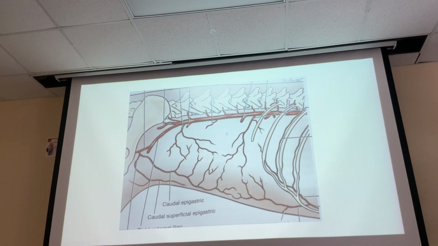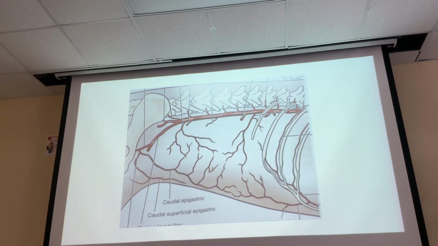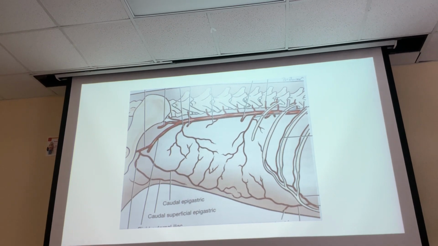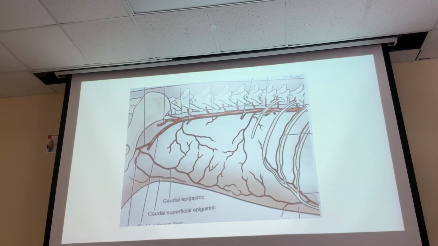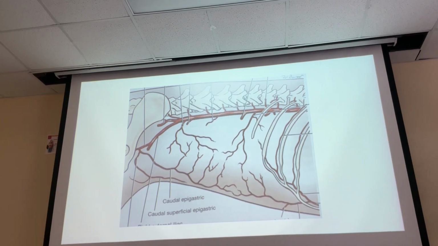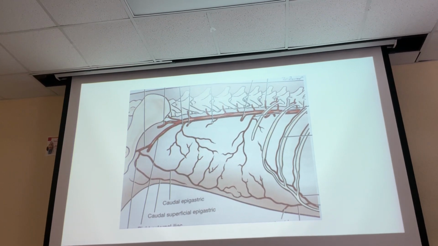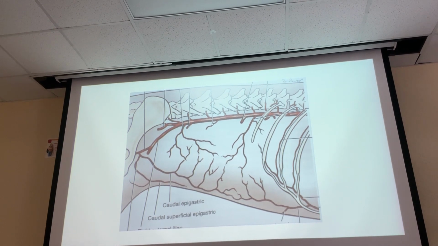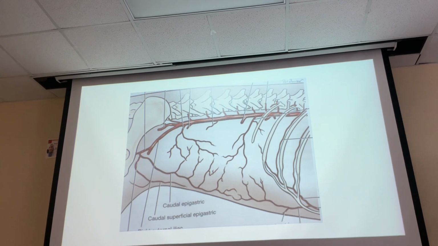The cranial part is supplied by the cranial abdominal artery. The caudodorsal part is supplied by the deep circumflex iliac artery. You need to see these arteries in your cadavers. We'll ask you about that. Why? Because this is the blood supply for the abdominal wall. You need to be aware of it.